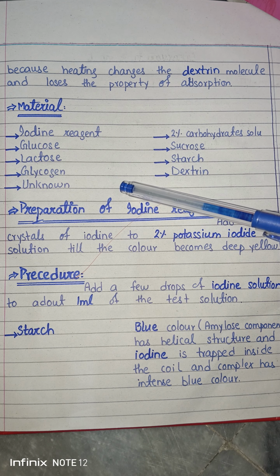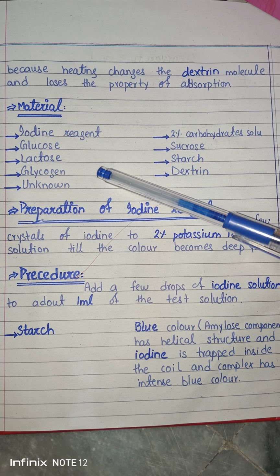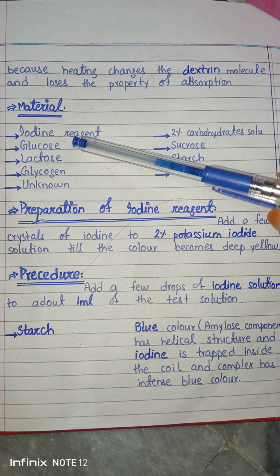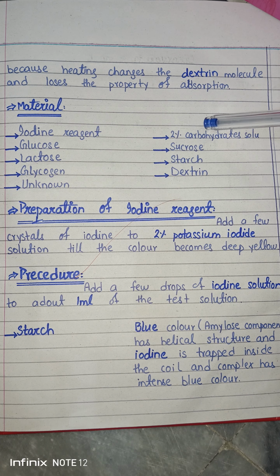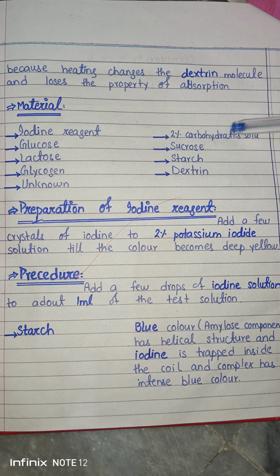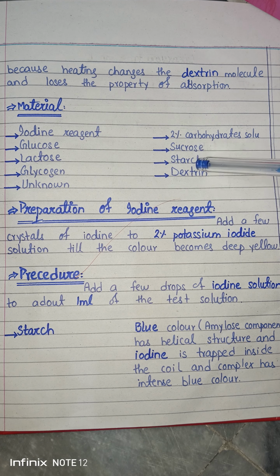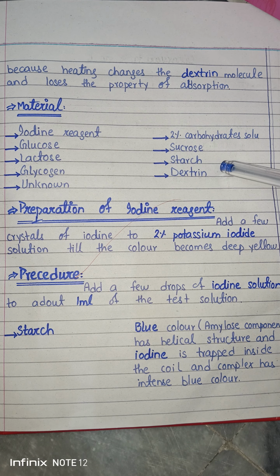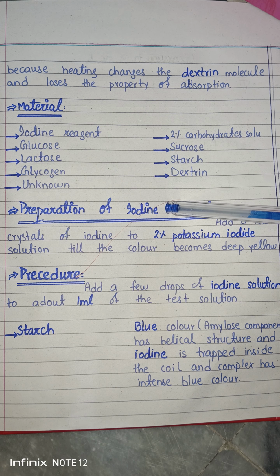Actually we want to differentiate the disaccharides or oligosaccharides from the polysaccharides. So you will take the glucose solution, lactose, glycogen, and an unknown solution, and 2% carbohydrate solutions of each: 2% glucose solution, sucrose, starch and dextrin. Okay. So now, how do you prepare this iodine reagent?